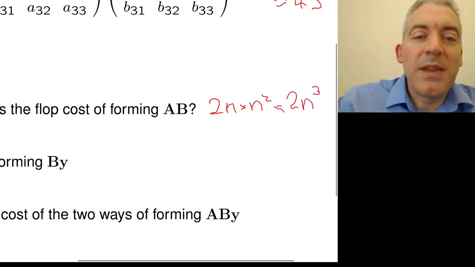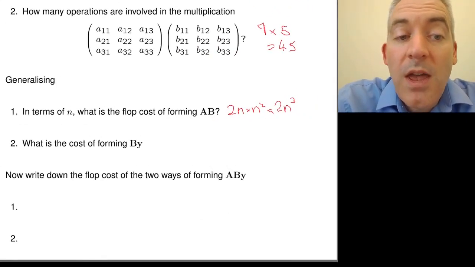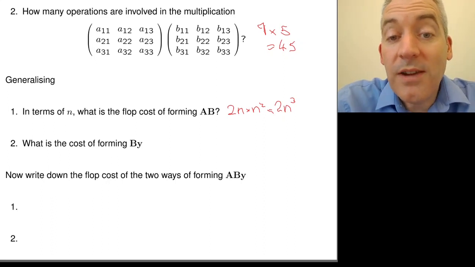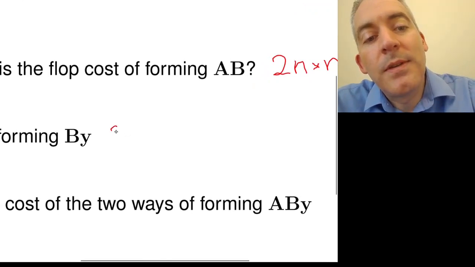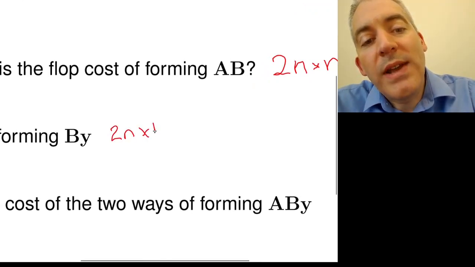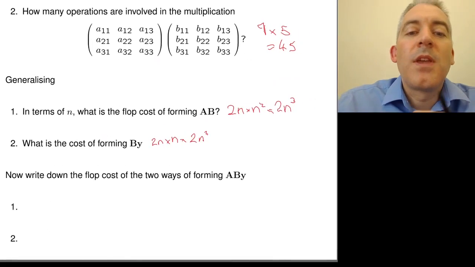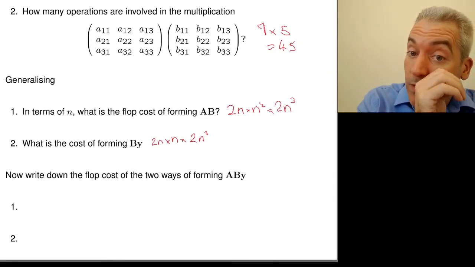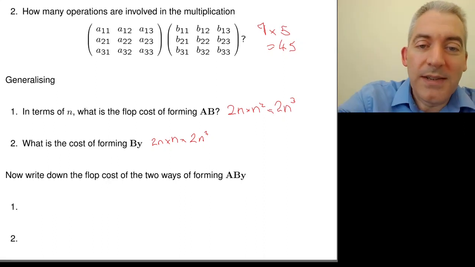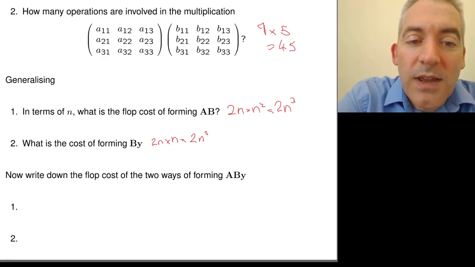Roughly speaking, there are 2n cubed operations involved in that matrix-matrix product, whereas for the matrix-vector product, it's the same for each element in the output, 2n, but now there are only n elements in the output, so that's going to give us 2n squared. So they differ by a factor of n, and when n is big, that will really matter. We'll formalize this later, but the first one is an order n cubed computation, whereas the second one is an order n squared computation.